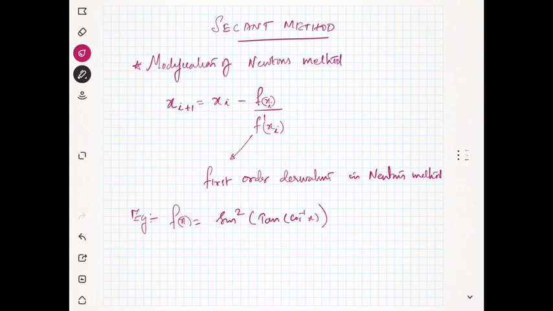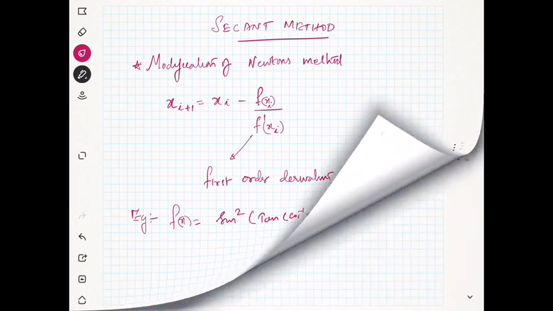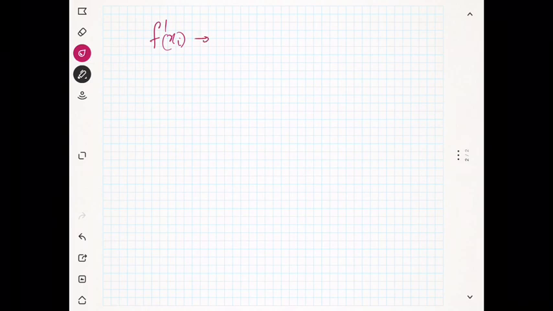Now, in order to avoid this, we are going to replace this f dash of x_i, which is coming in Newton's method.